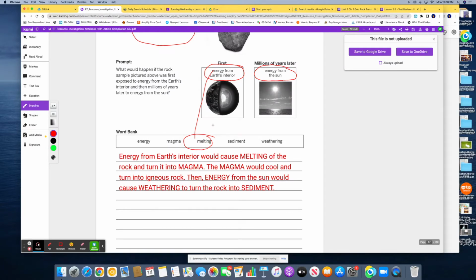Then the magma would cool and turn it into igneous rock. Then energy from the sun would cause weathering. Oops, that was too big. We'll undo. Will cause weathering to turn rock into sediment.